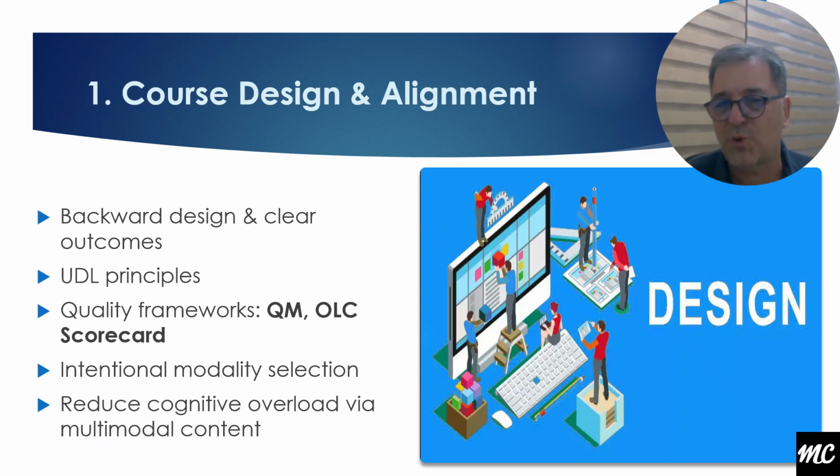Frameworks like Quality Matters and Universal Design for Learning help ensure accessibility and coherence. A suggestion here: do not replicate classroom lectures online, but use modality intentionally. And if you want to reduce cognitive overload, you can use multimodal content in your instruction.